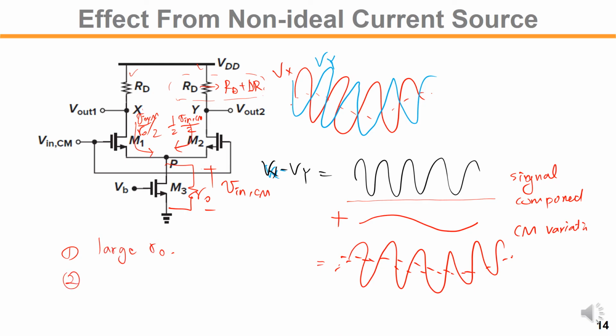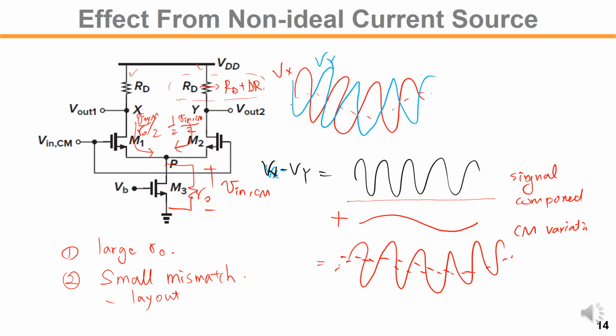Second is that the small mismatch. So there are many layout techniques to minimize the resistor mismatch and device mismatch. So I only considered the load resistor mismatch, but there is also mismatch between transistors, right?